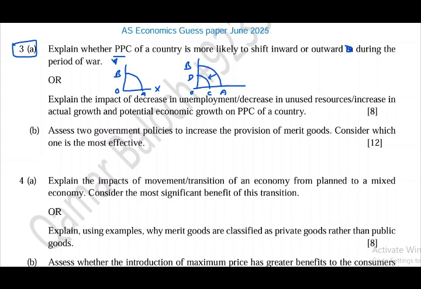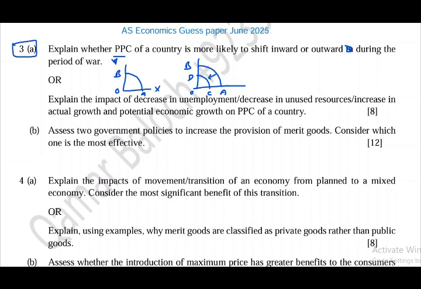Another thing that you have to cover is the final conclusion. You can say that in conclusion, the PPC of a country during the period of war is more likely to shift inward if the country is directly involved in war.